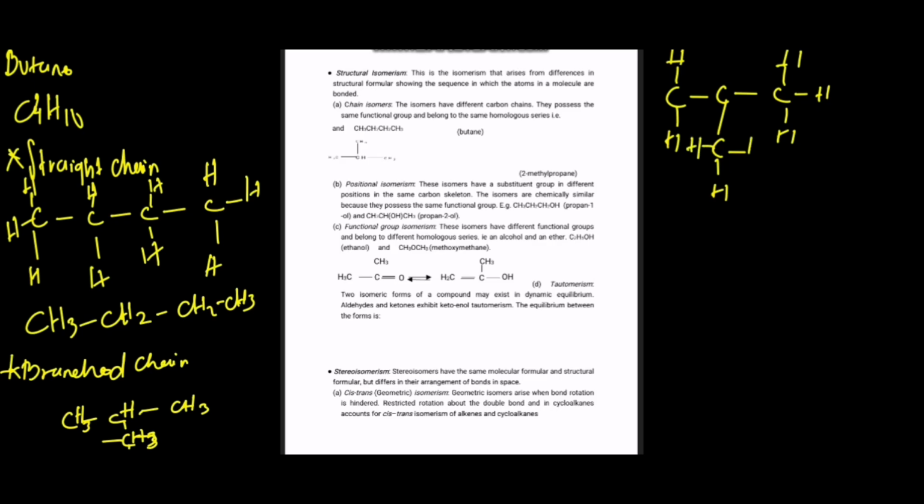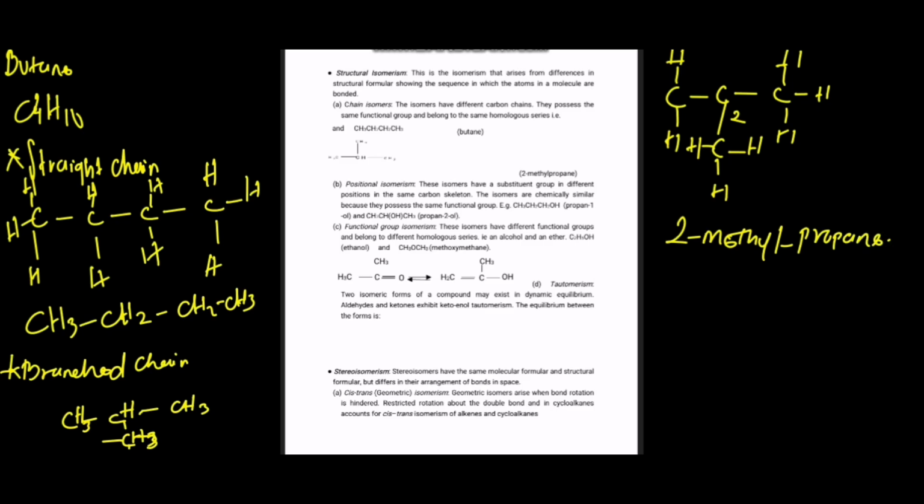Now the name has changed; this is the branched structure of butane, and it's no longer n-butane. If you give the substituent the lowest possible number, which is 2, it will now be 2-methylpropane.